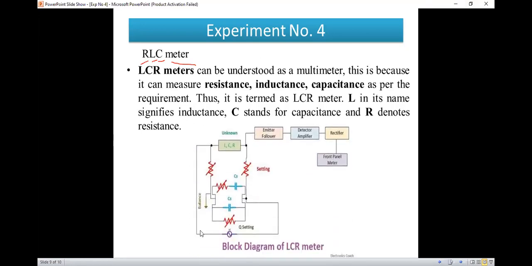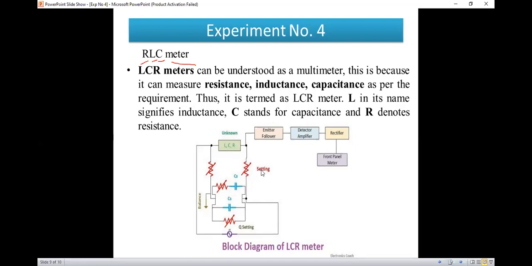So this is the block diagram of the LCR meter or the RLC meter. Here it is Q setting, and here it is LCR unknown, which is connected here with the two terminals.